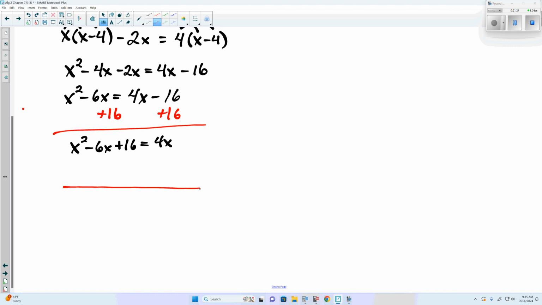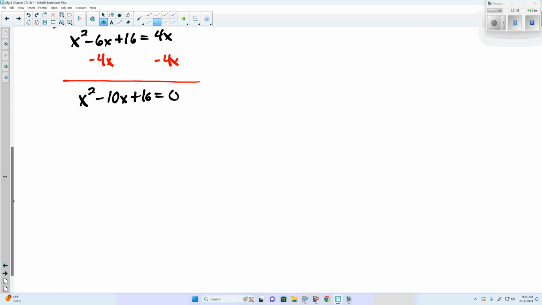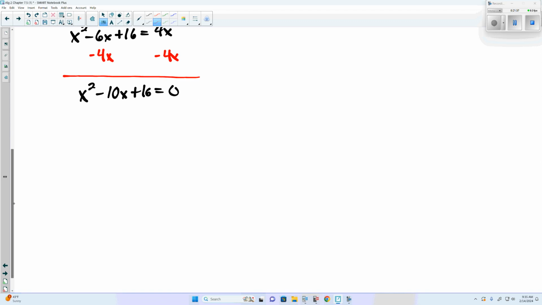Well, we still need to move the 4x, yes? So we could subtract 4x from both sides, telling us x squared minus 10x plus 16 is equal to 0. Questions on how we got to this point? So we all good getting to here?